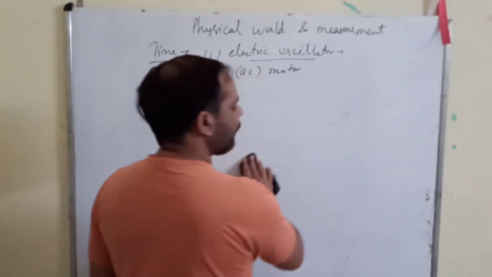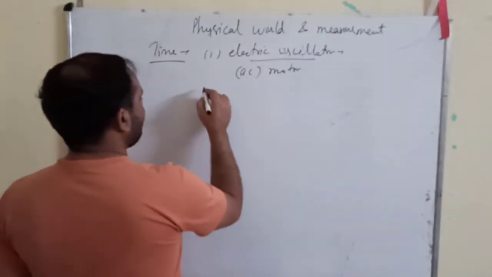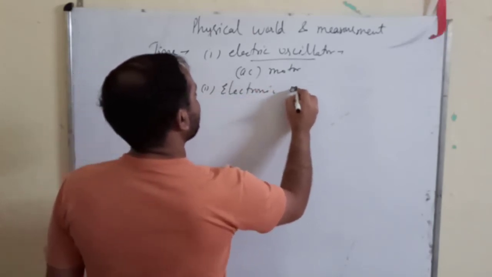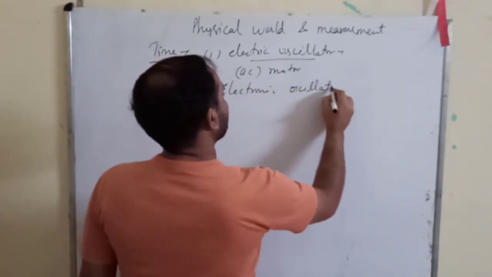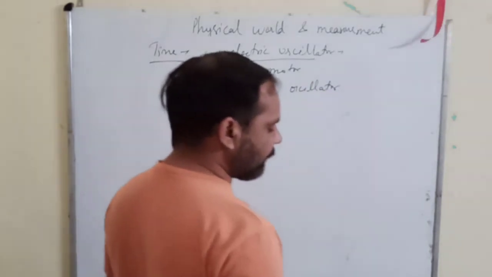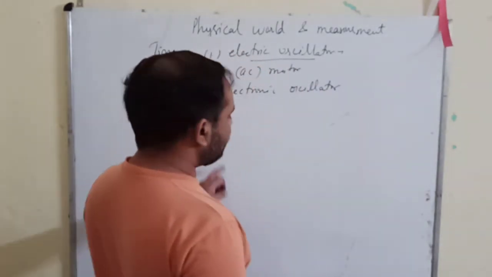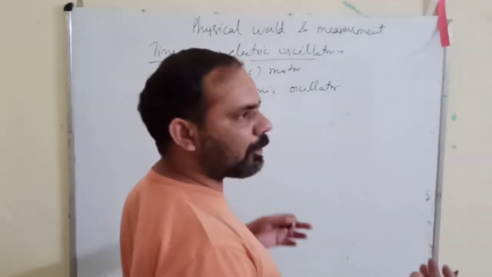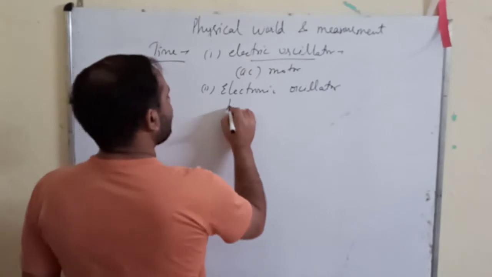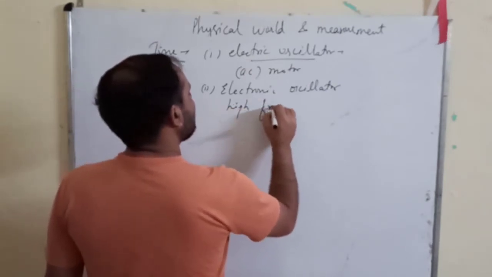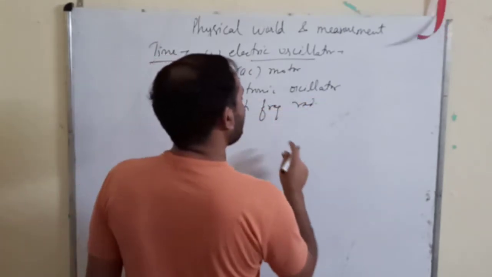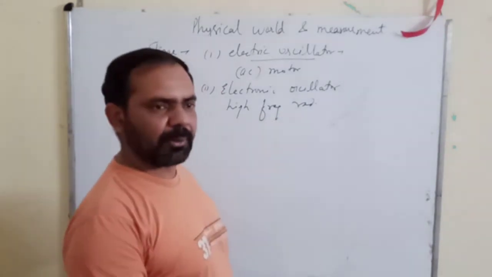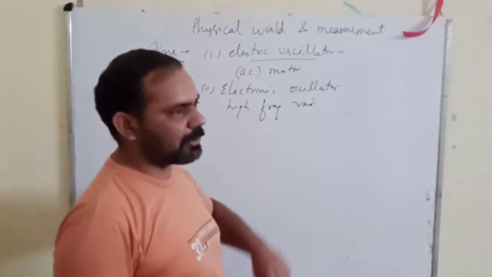Okay, then we have an electronic oscillator. In this electronic oscillator, a high frequency radiation is produced through a vacuum tube or a transistor. As I told you, frequency can always be related to the time period; the reciprocal of the frequency gives you the time period.